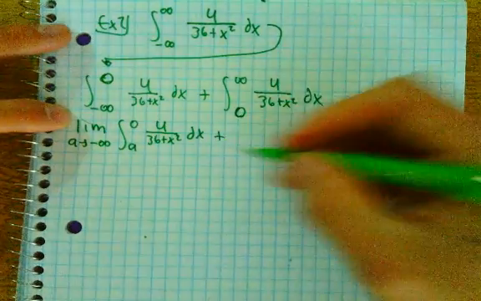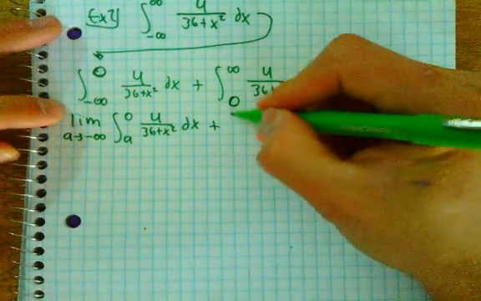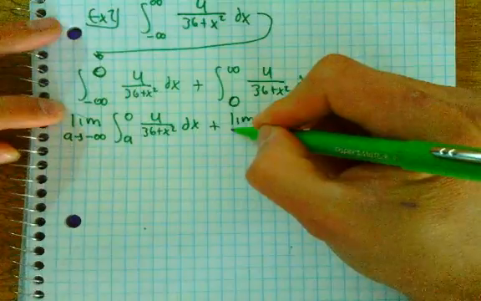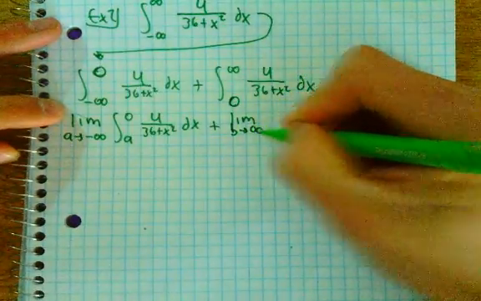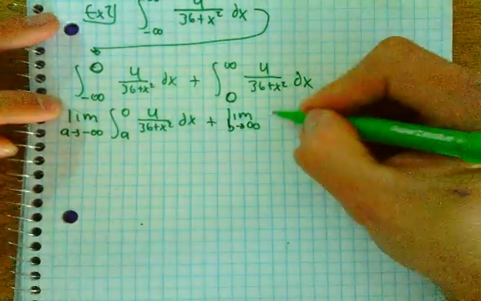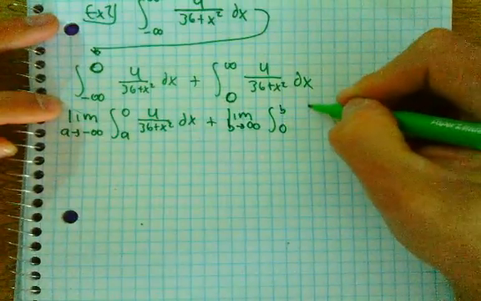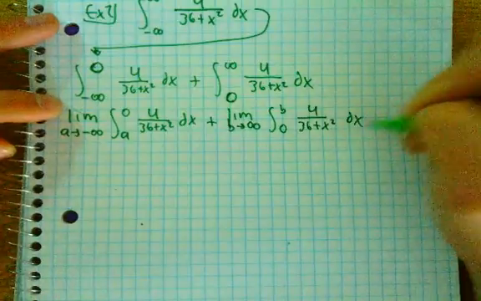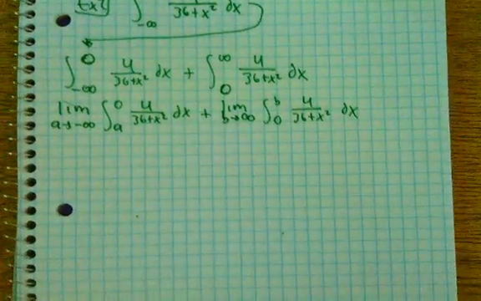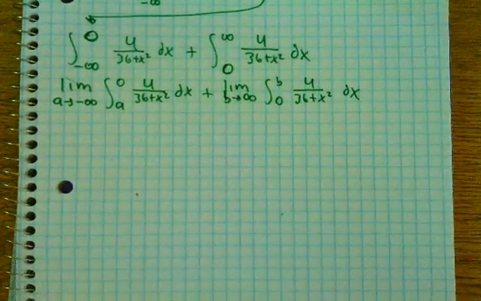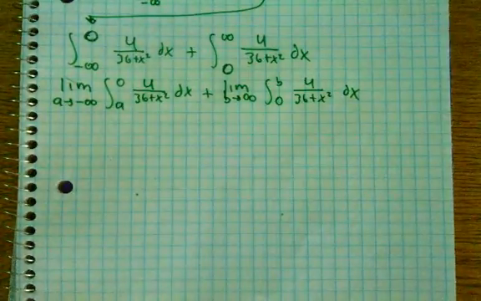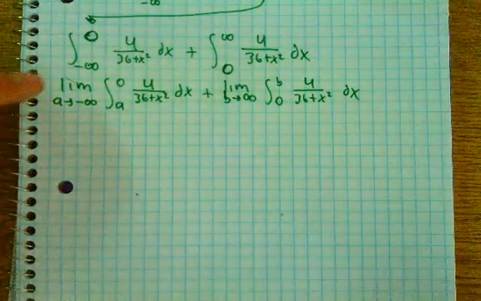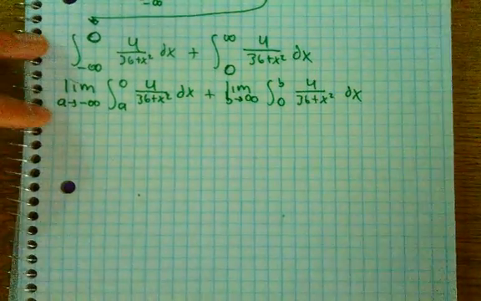Plus, this is going to become the limit as b approaches infinity of the integral from 0 to b of 4 over 36 plus x squared dx. You guys with me so far? Okay. With the limits, you don't have to worry until the end, right? So just keep dropping the limits.